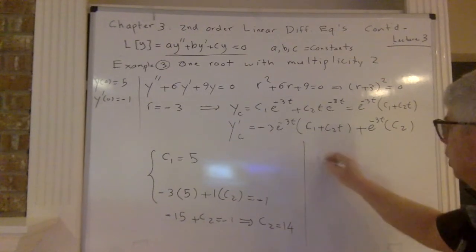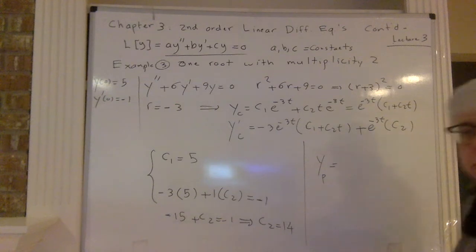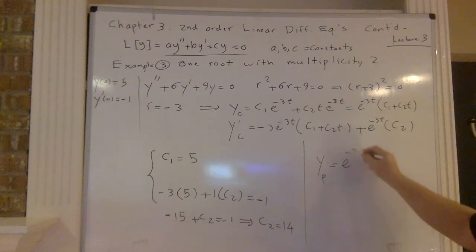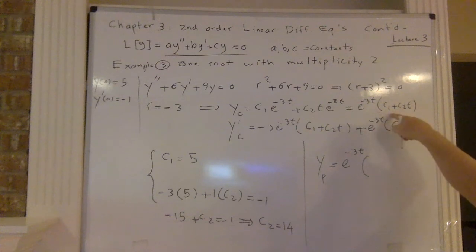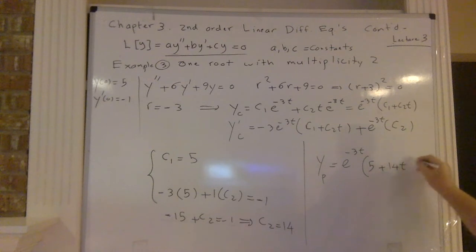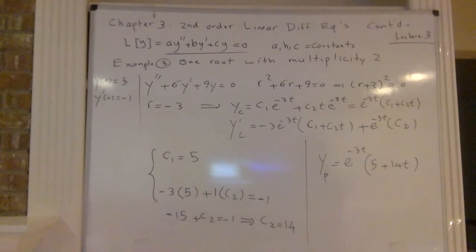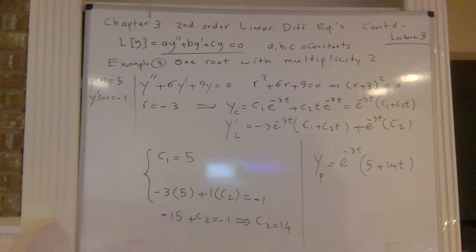Okay, so y will be e to the power minus 3t times (5 plus 14t). So that was again, 3 examples for each case. That's how you do it.